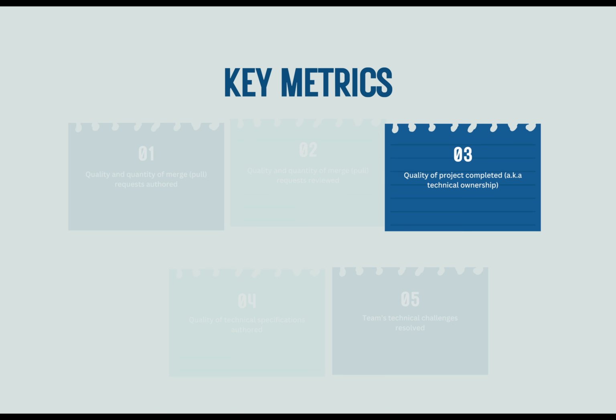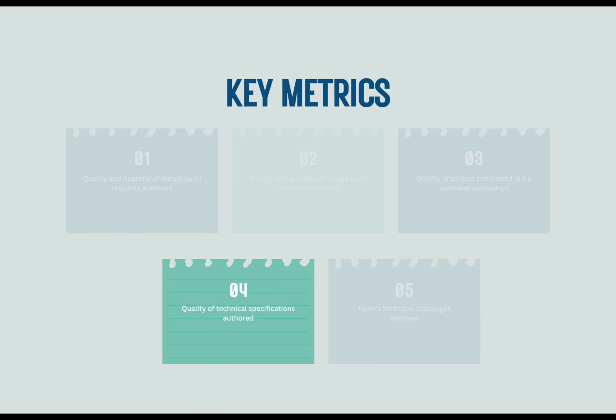And worst case, you might have to bring another engineer to leave whatever they are doing to come and correct what this particular engineer has done. So that's why it's very important when you're evaluating the performance of a software engineer, you look at the quality of the project that they are completing, right? Especially in environments where each engineer is assigned to a particular project to complete it end to end, right? So this is why I tag this one technical ownership.